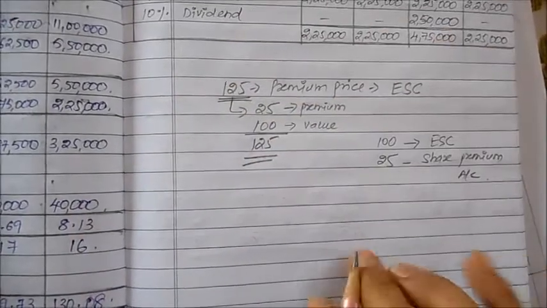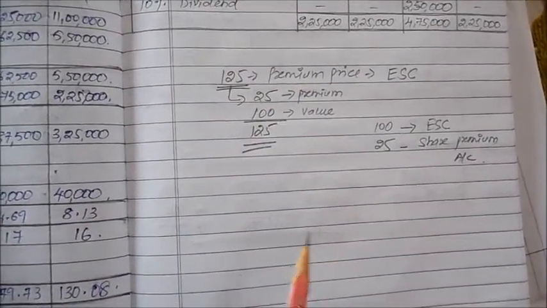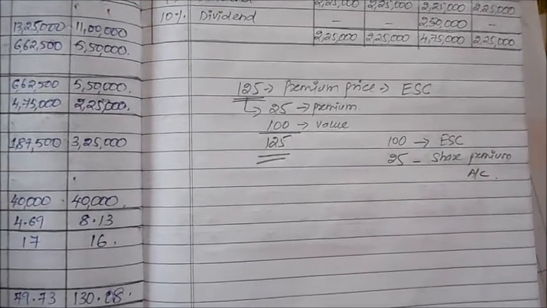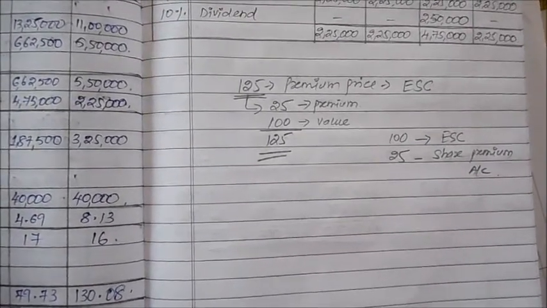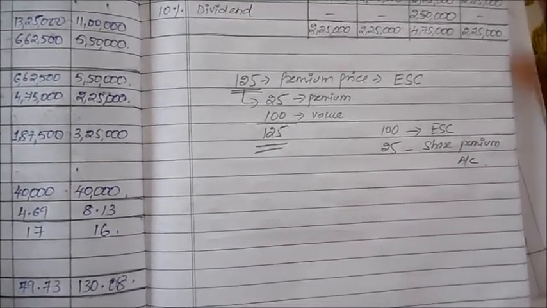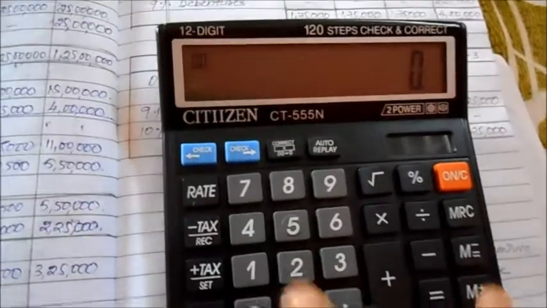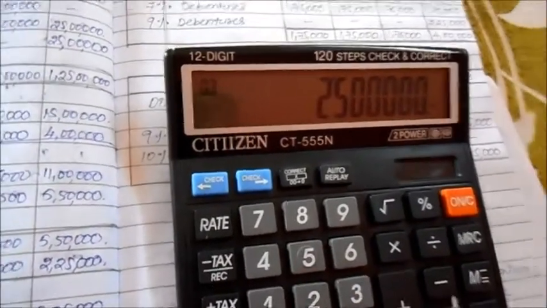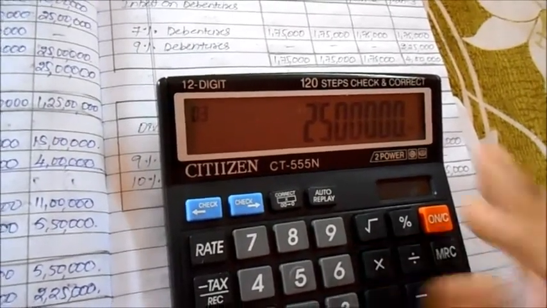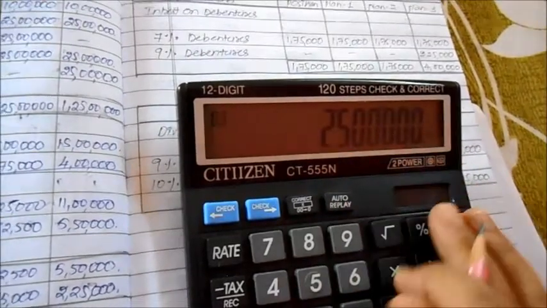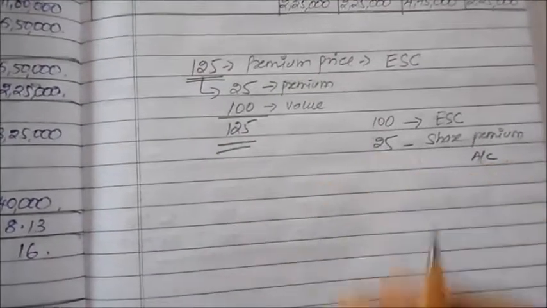So the basic understanding: in the question they have told you to raise 20,000 shares of 125 each, at a premium value. And if you do 20,000 into 125, it will give you 25 lakhs, right? This much is clear. We are expected to raise so much only. That was the question. Now how exactly are we splitting, or how exactly are we going to show this in the statement?